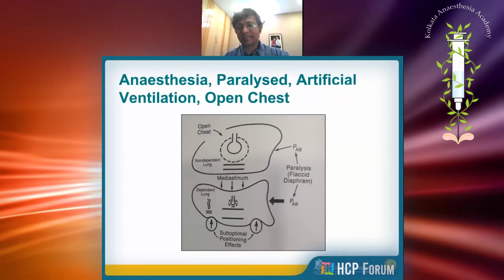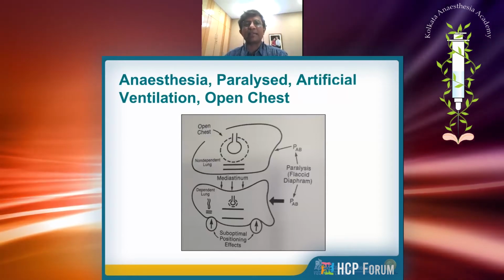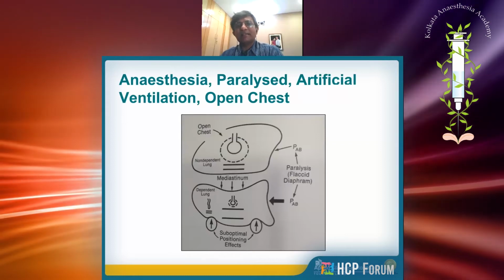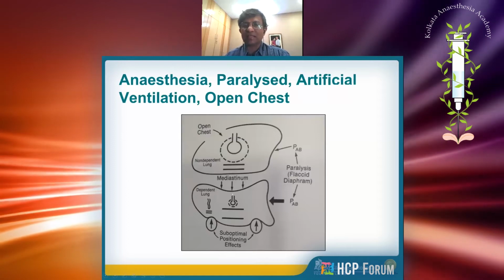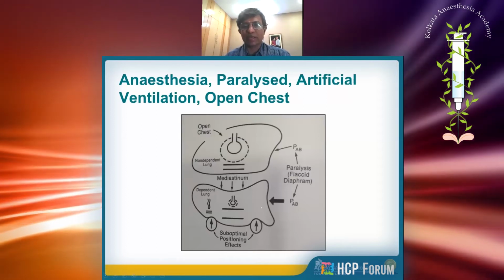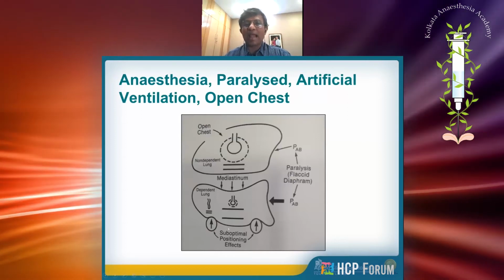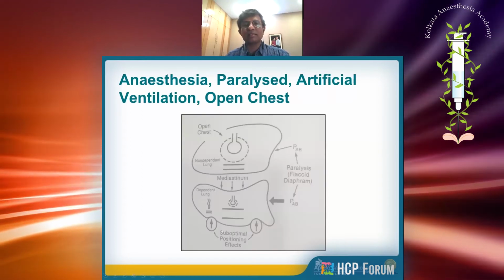You will not face that scenario. This is the scenario that you are going to face in practical life: anesthetized, paralyzed, artificially ventilated with an open chest. So you would have, as we said, the mediastinum pushing downwards, the cephalad movement of the abdomen, and you can add to this the suboptimal positioning effects. What does this lead to?